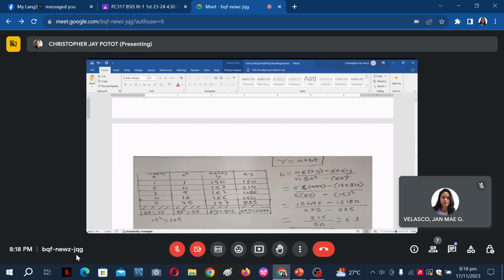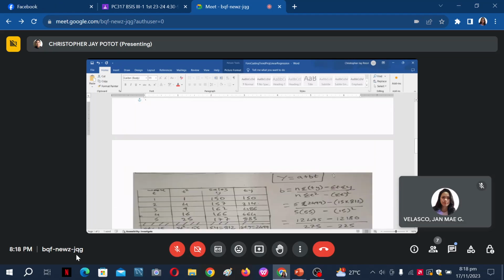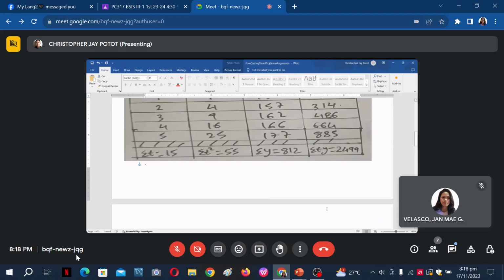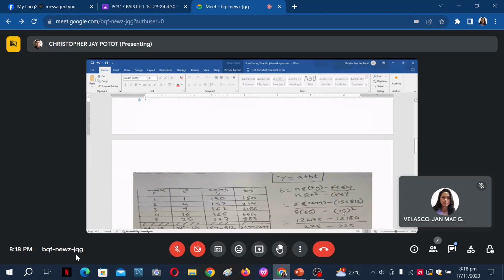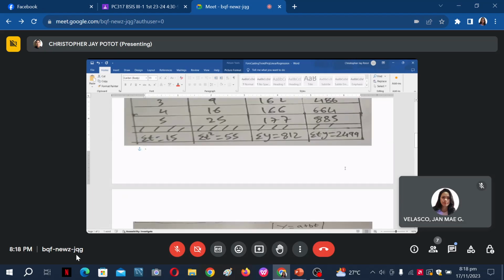So n is 5, and then the summation of ty from our table, minus the summation of t, which is 15, times the summation of y, 812.